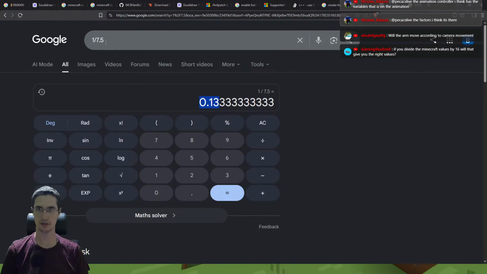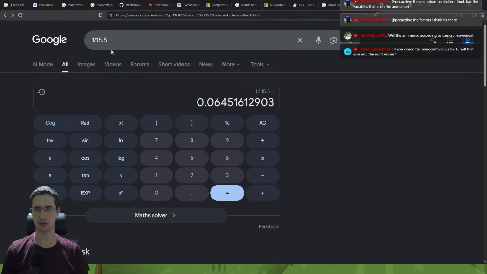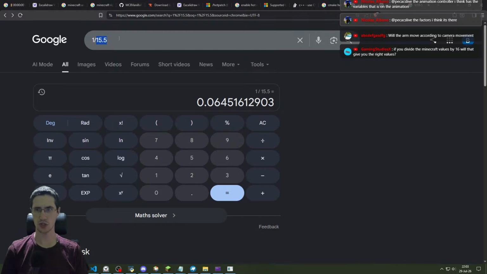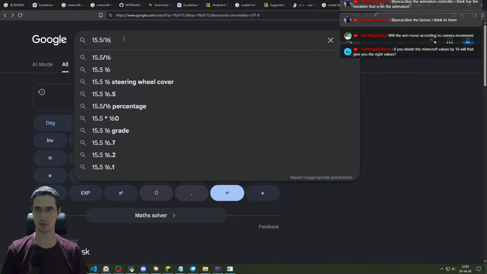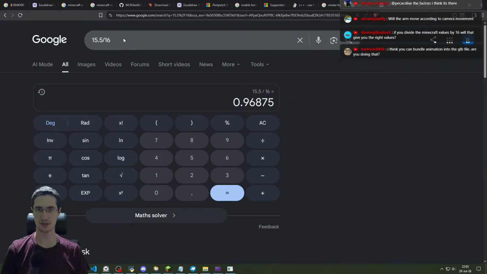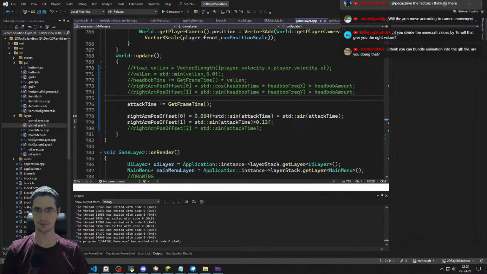Oh, no, no. Wait, why did I divide them like this? No, by 16. Yeah, my bad, chat. I did it the wrong way. And let's see just the x-axis.